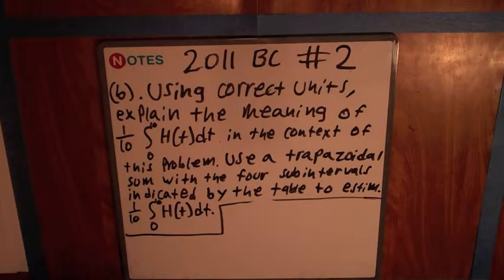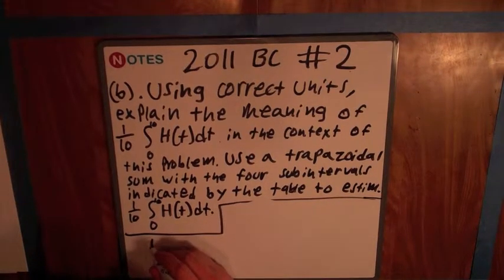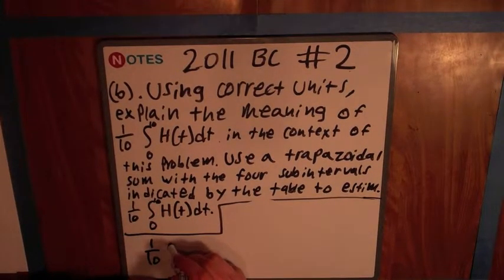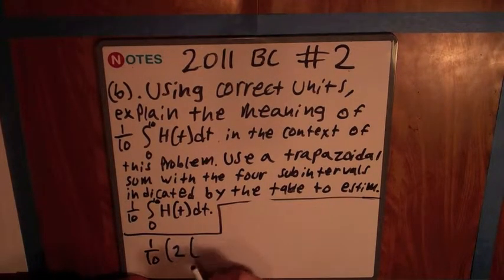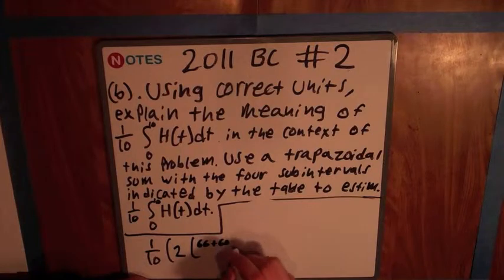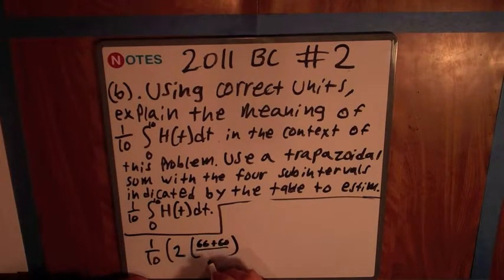And then for the second part, doing the trapezoidal sum, looking at the table that was given, I'm going to be using it between 0 and 2, 2 and 5, 5 and 9, 9 and 10, there's your 4. So plugging this in, you're going to get 1 over 10 times 2 times 66 plus 60 all over 2.